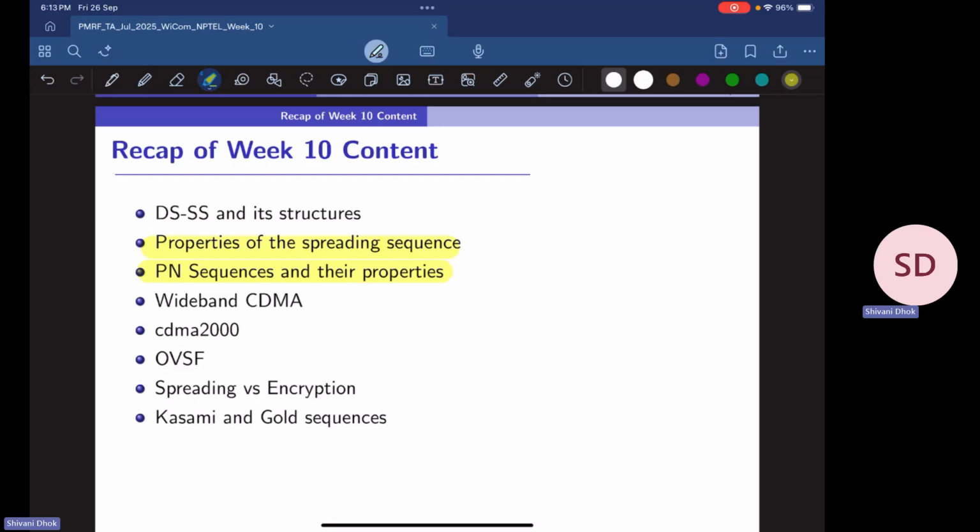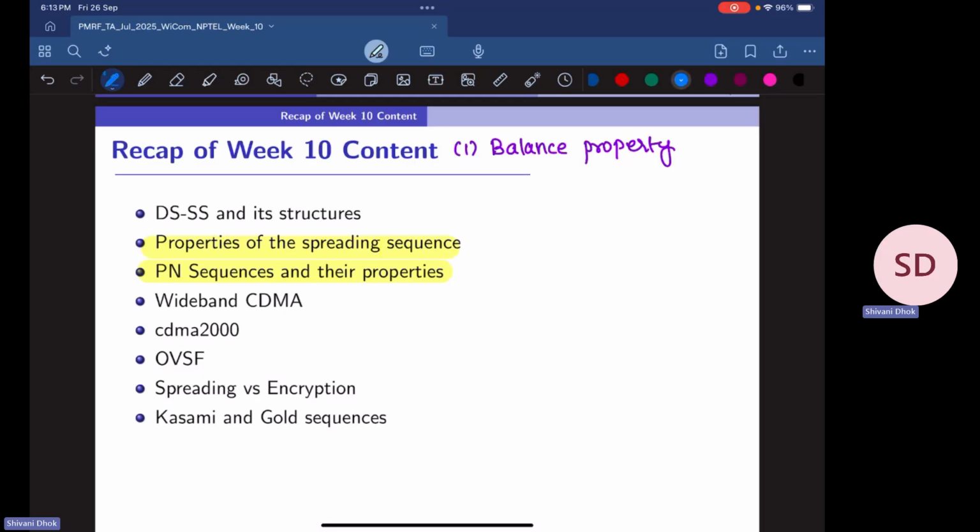So the properties of the spreading sequences, we looked at 4 properties for the PN sequences. The first one that needs to be satisfied is the balance property. What does the balance property say? It says that the number of ones and zeros in a code should be equal, or approximately equal.